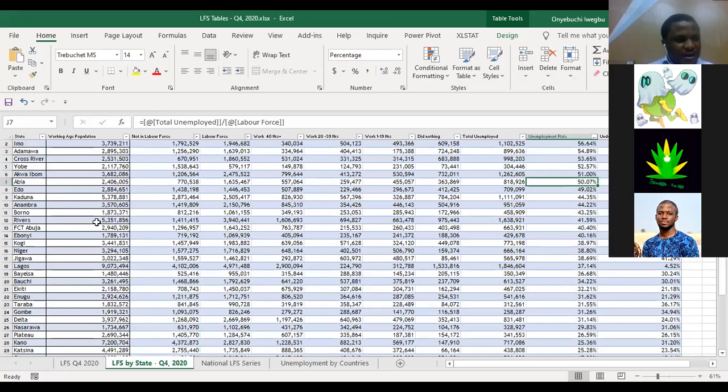And we have Edo down to Ebonyi, Edo, Kaduna, Anambra, Borno, Rivers, Abuja. You see, our own Abuja and Ebonyi, they all have unemployment rates as high as within 40%, but not up to 50%. And then we have those in the categories of 30.